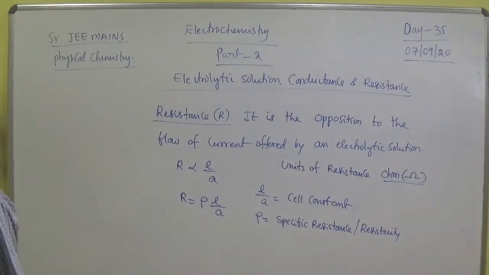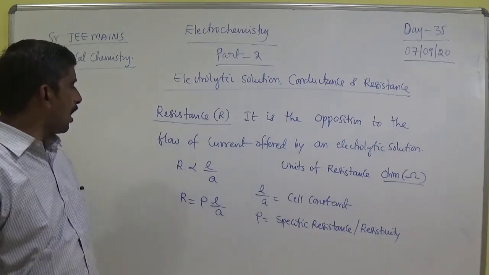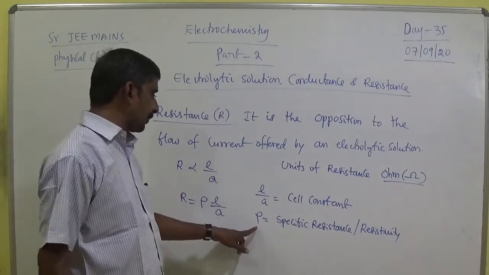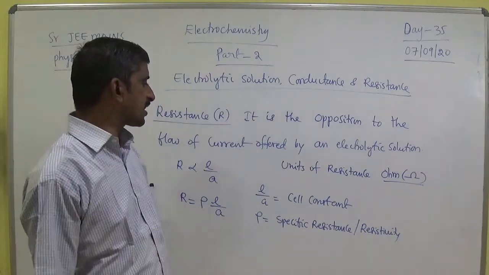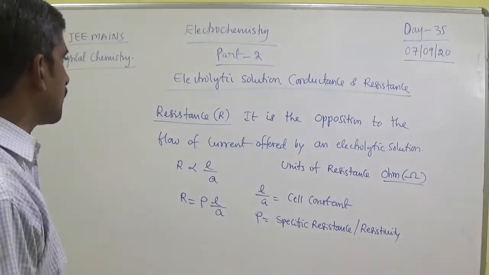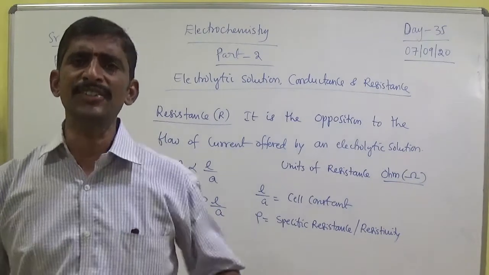Resistance is directly proportional to L by A. L by A means cell constant. R equal to rho into L by A. Rho means specific resistance or resistivity. So that is the first, resistance. Units of resistance: ohm. They are related to physics concepts.